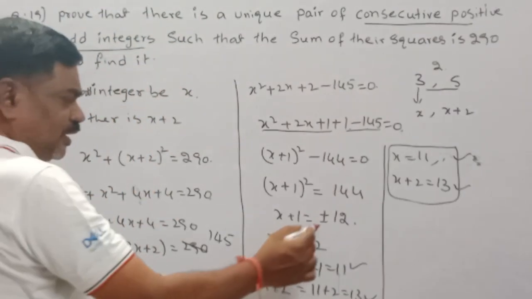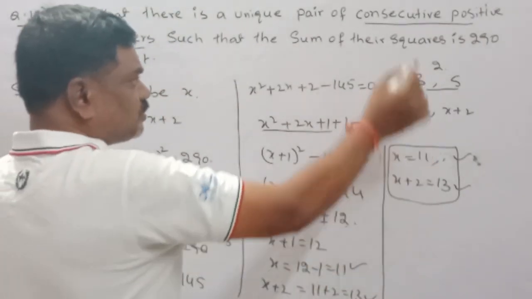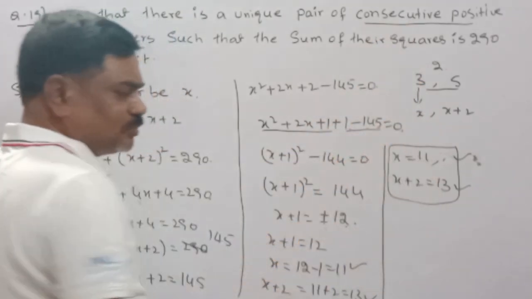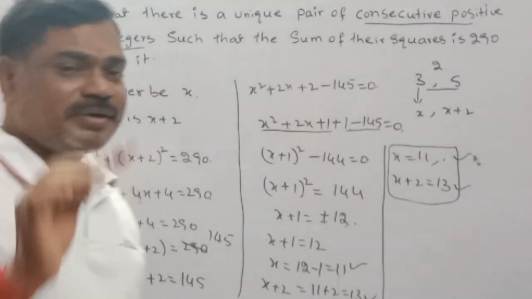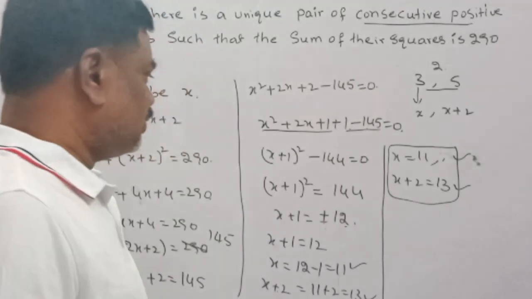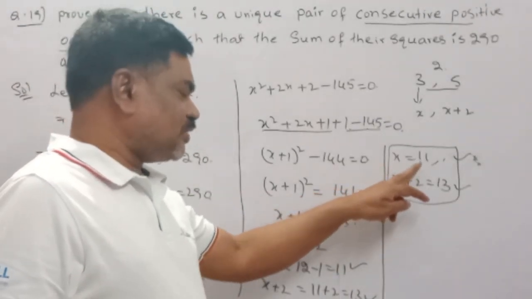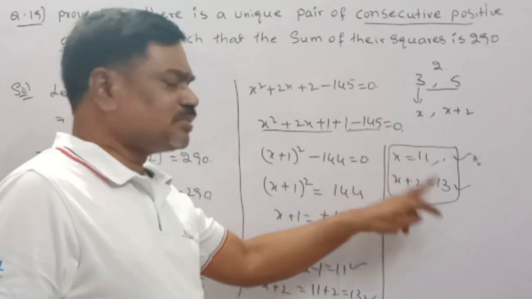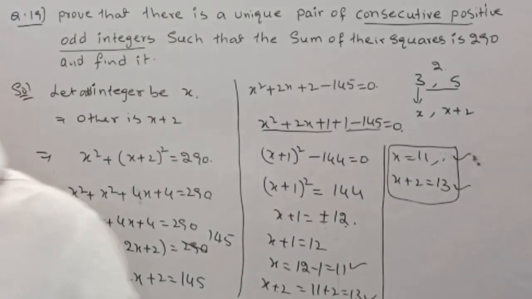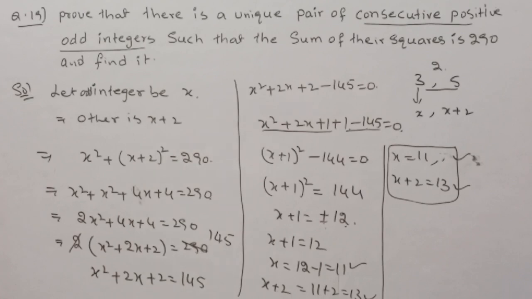We can't take the negative value, because we have to find positive odd integers. So the consecutive positive odd integers are 11 and 13. This is the answer. Okay, all of you. That's all.